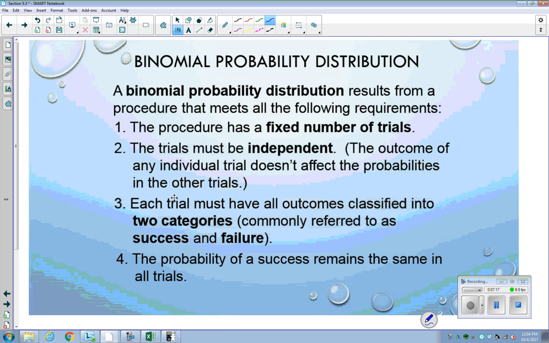And are the trials independent? Because selecting one doesn't have any bearings on selecting another one. Third one, does it have 2 possible outcomes? Yes or no? 2 possible outcomes. The probability of success is the same each time I pick. Each time it's going to be for success, 0.85, failure, 0.15.